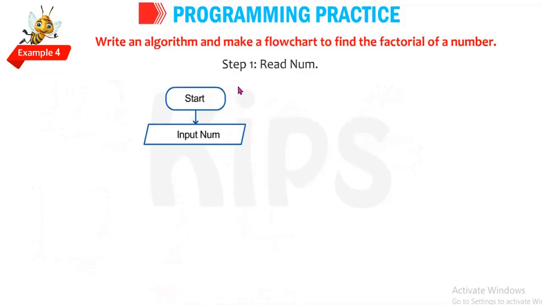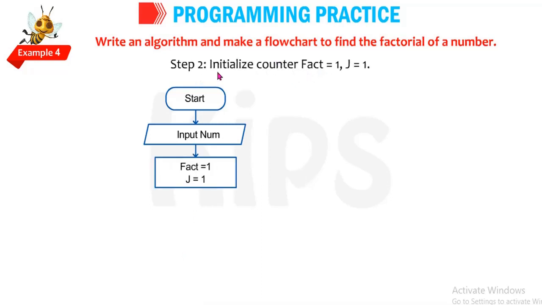First, start. Then what is the first step? Read number, NUM. Number is a variable. Then what is the second step? Initialize, that means assign a value. Initialize counter: fact is equal to 1, J is equal to 1.